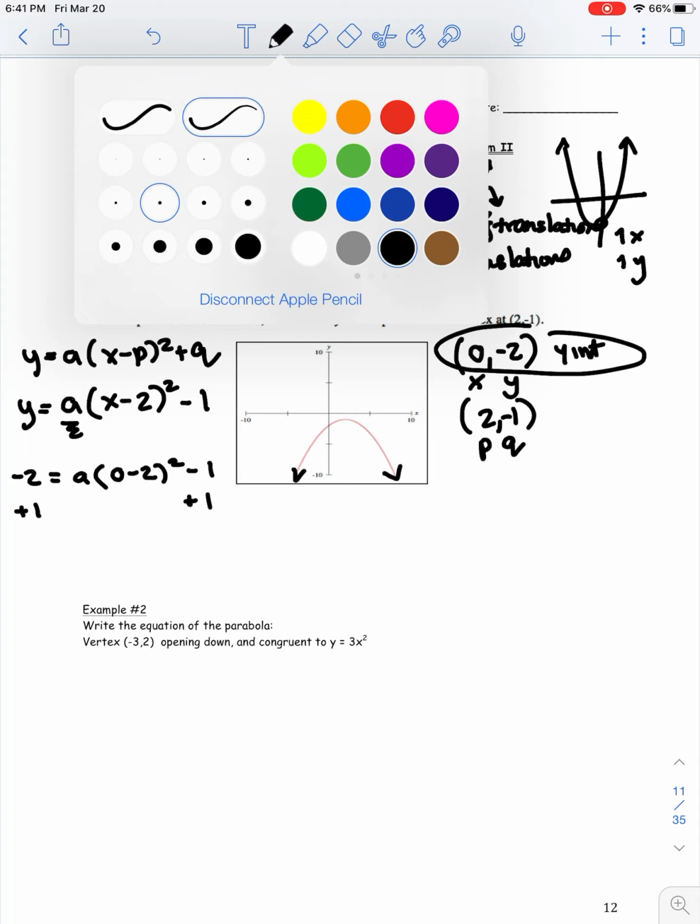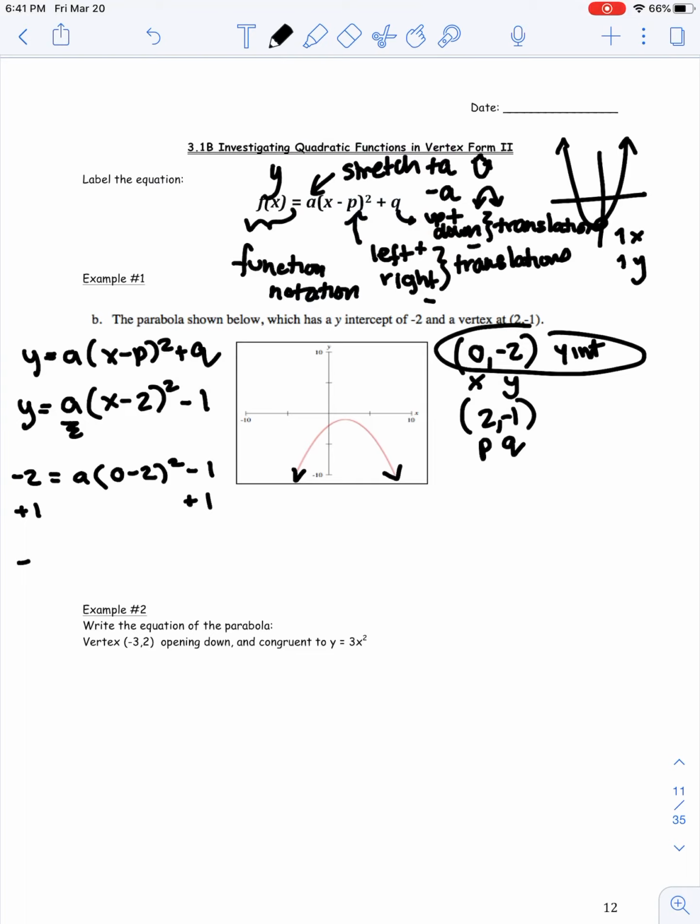So we're going to have -2 plus 1 is -1, which is equal to a times (0 - 2)², and that's all that's left right now. The next thing we can do is square that value.